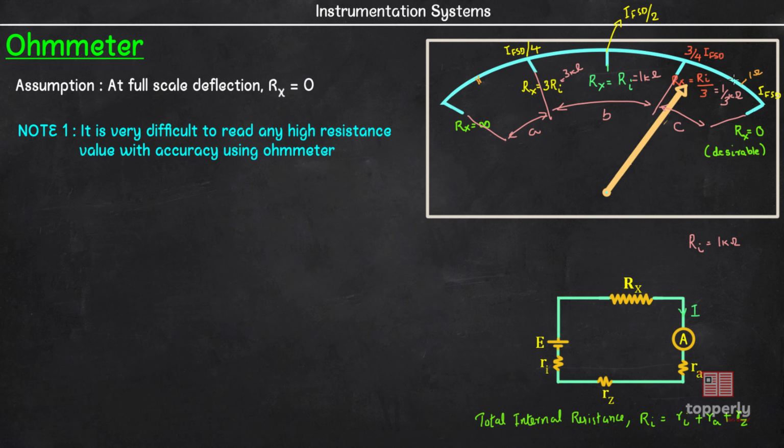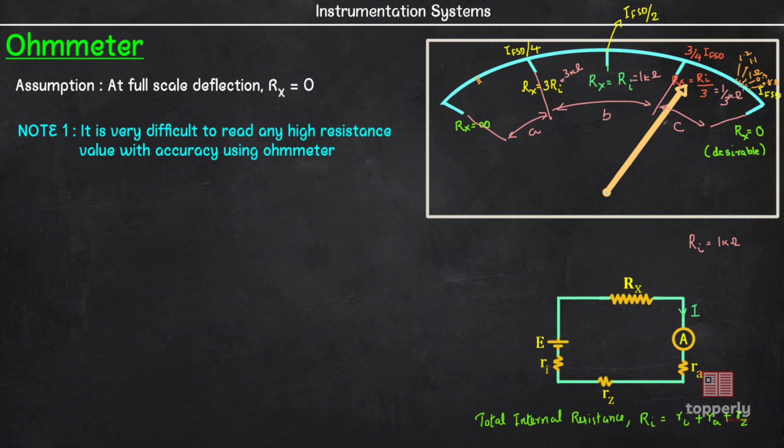And since the scale is spread apart here, we'll be having 1.1 ohm, 1.2 ohm, 0.9 ohm, 0.8 ohm, etc. marked in the scale. So let's say this is 1.1, this is 1.2 ohm, this is 0.9 ohm, and this is 0.8 ohm.